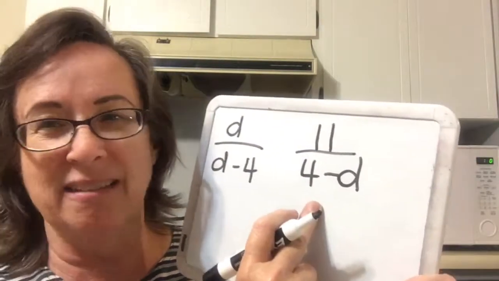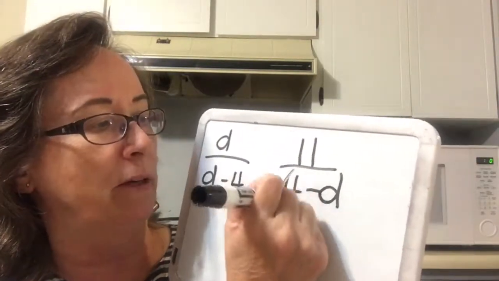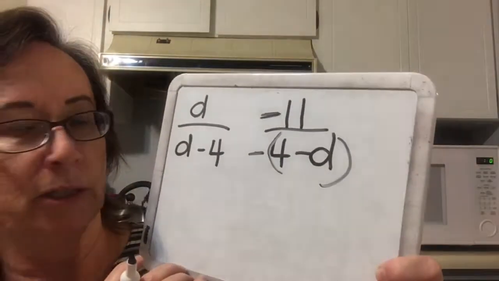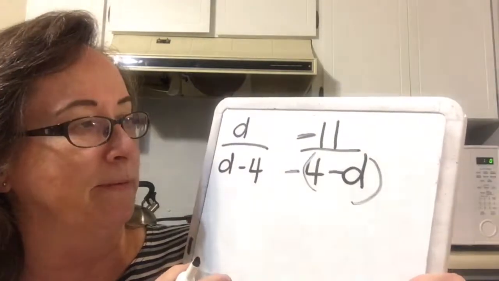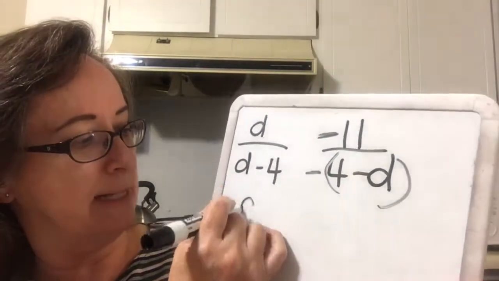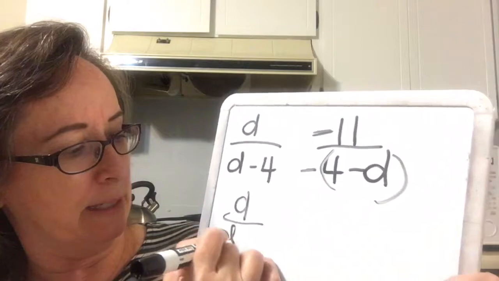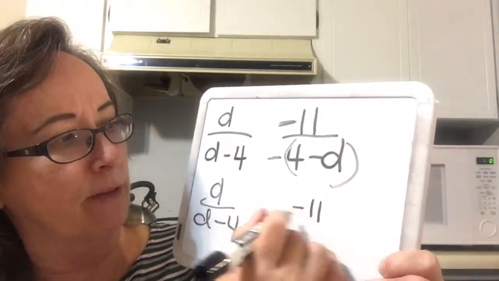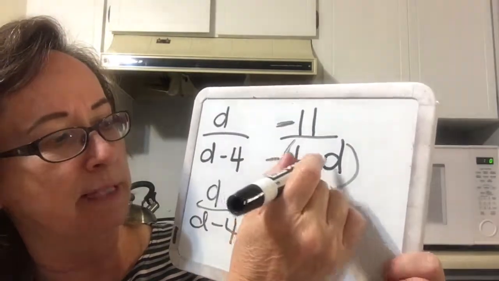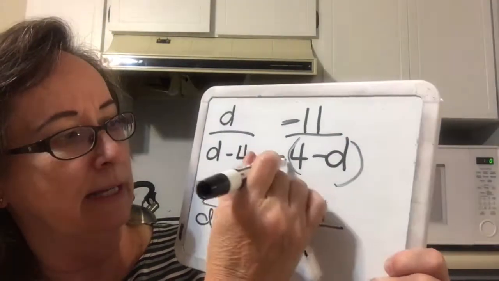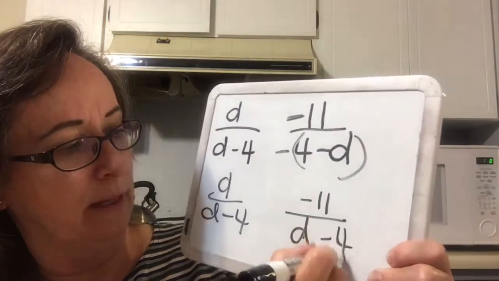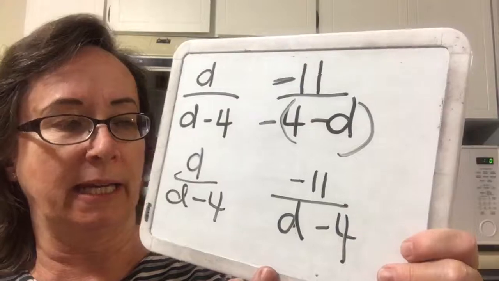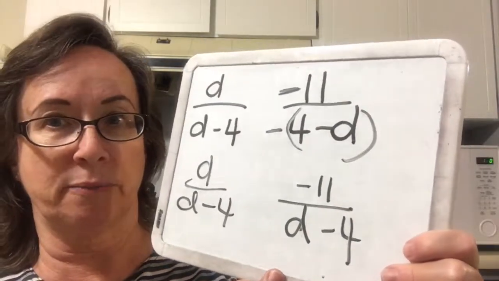This one is not in descending order, so I'm going to multiply by a negative over a negative, so I'm multiplying by 1 in the form of -1. So I've got d over d minus 4, and I don't have to touch that one at all. I get -11 over, negative times negative is positive, d minus 4. So now I have two rational expressions all ready to add or subtract.